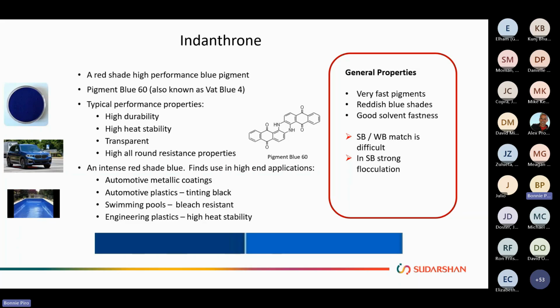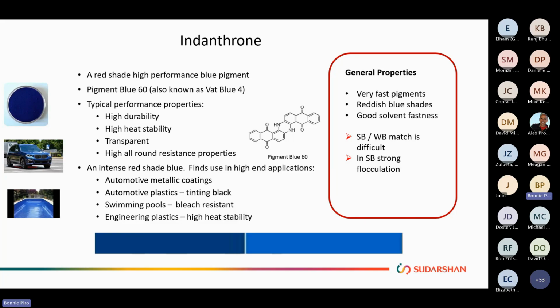Automotive metallic coatings or effect coatings, because it's transparent. It does provide some nice options to tint black in plastics to get a jetter, deeper black color. It does show up for swimming pools because it has the bleach resistance that's required, obviously, for a swimming pool.